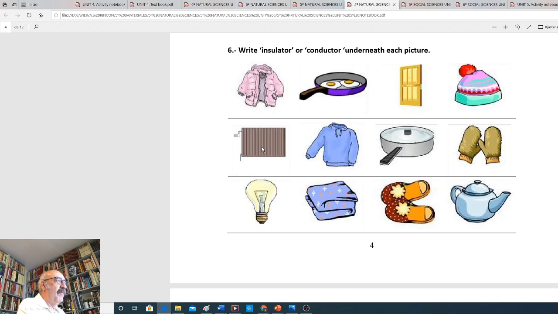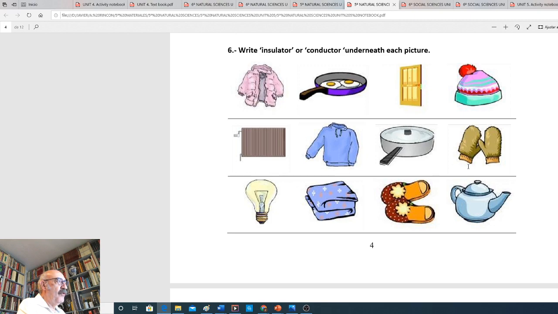It's a good example of a conductor. And this is a pullover. We put on this pullover, same as this coat, because we want to keep us warm. So this is a good example of an insulator. And this is another example of a very good conductor.